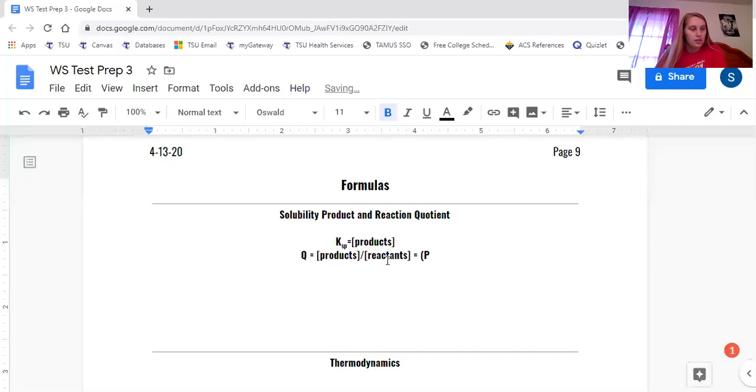So you have the pressure of A to the A power times the pressure of B to the B power.